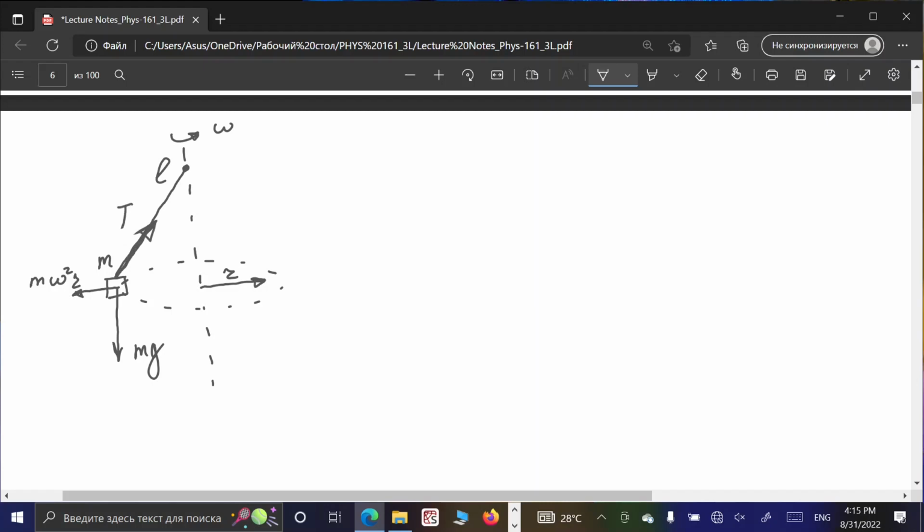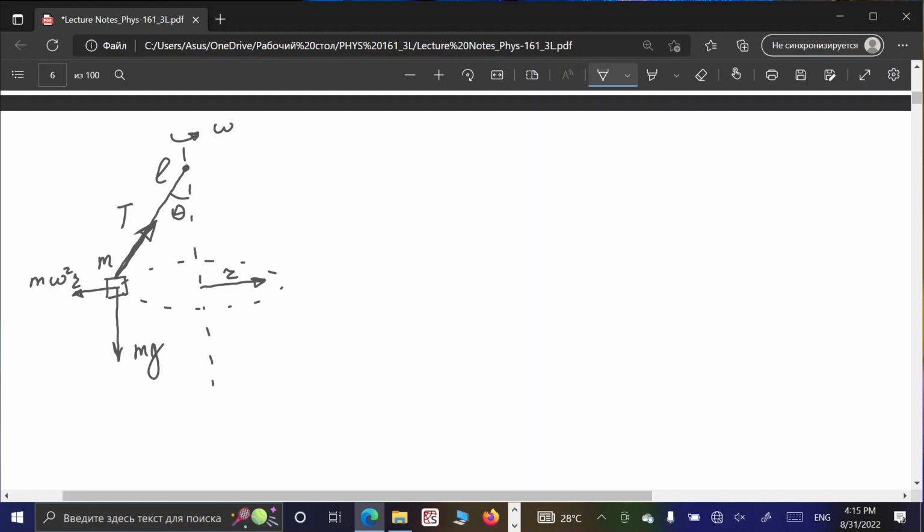So that will be tension. So now the question for us is, what will be the angle theta of this deflection of the rope from the vertical axis of rotation? How do we approach this?